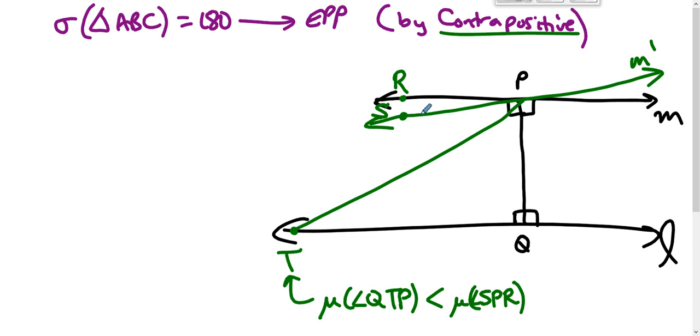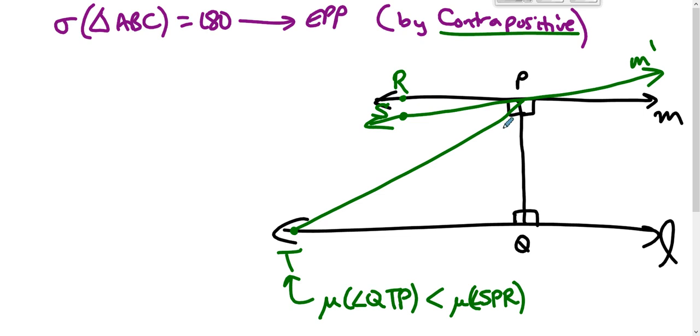Well, angle SPR is some fixed number because this line's fixed. Now, if we take this point and we drag it forever and ever, it makes angle QTP smaller and smaller. So we just drag T out far enough that this angle measure is less than that one.